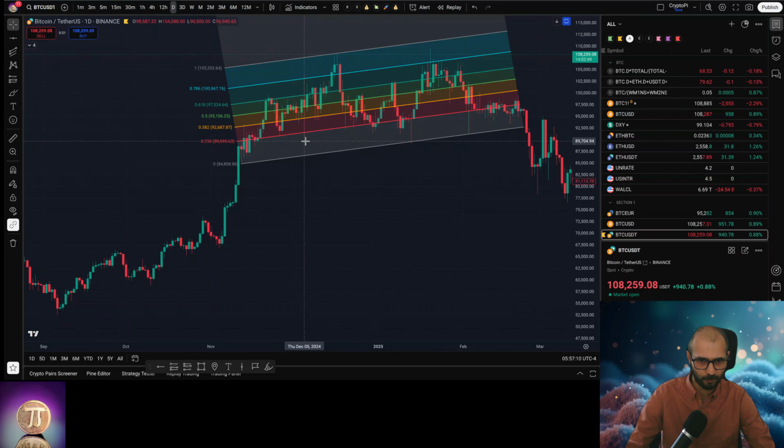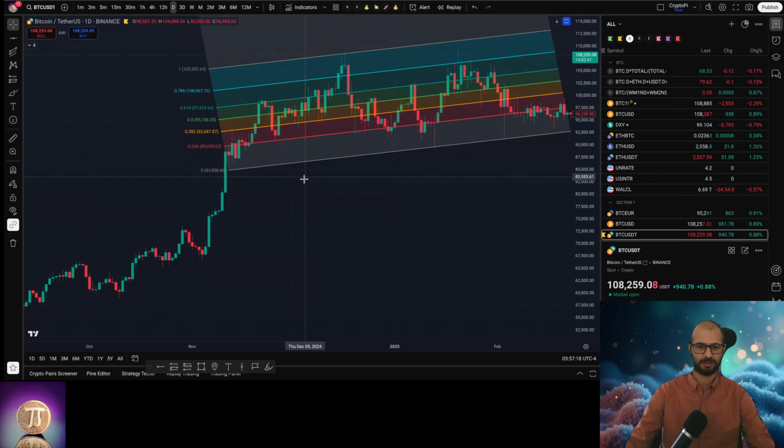That is a very huge volatility which would have happened on December the 5th. I can imagine that if you look into historical data, a lot of people who were trading with leverage might have got liquidated or might have lost a lot of money due to this liquidity grab.